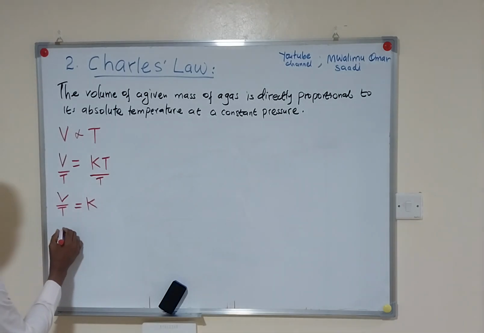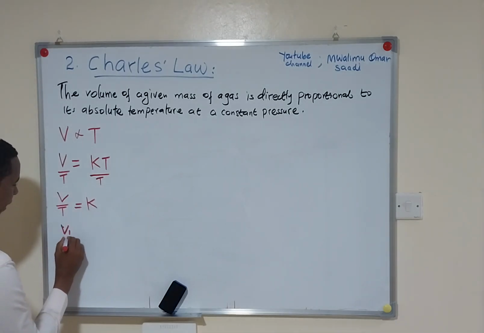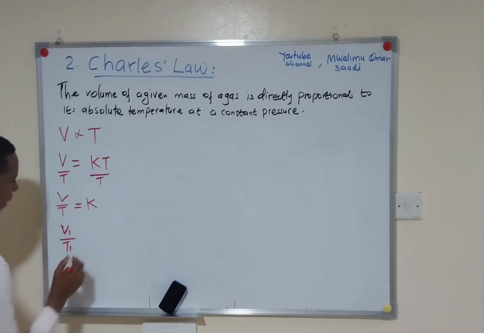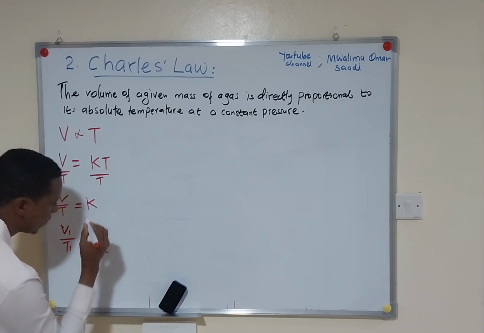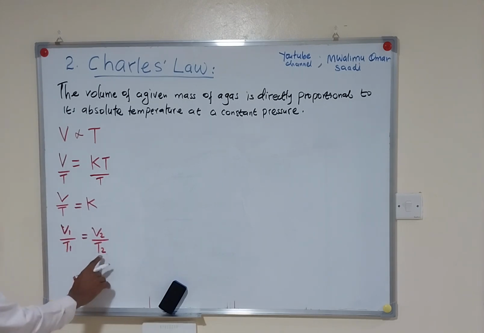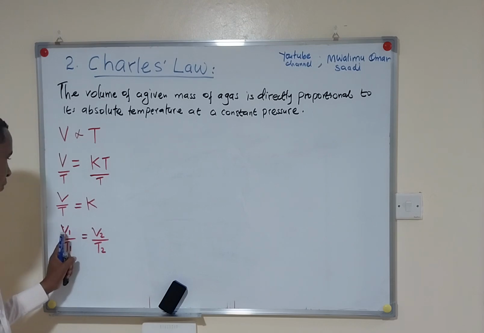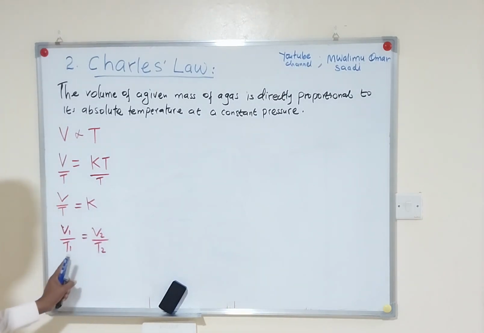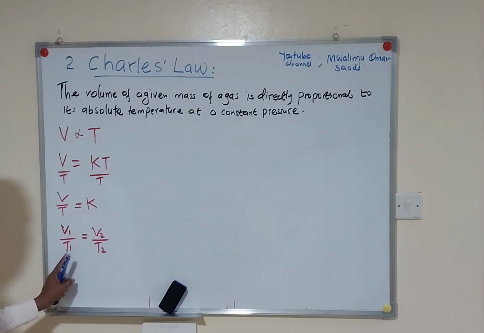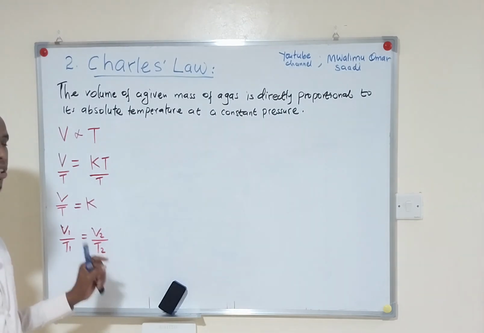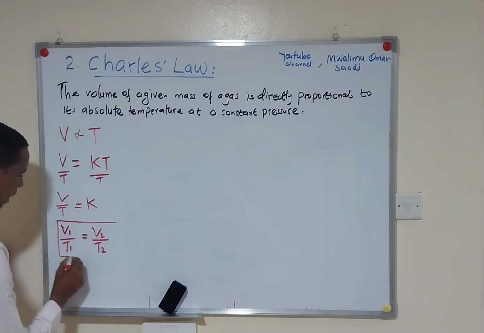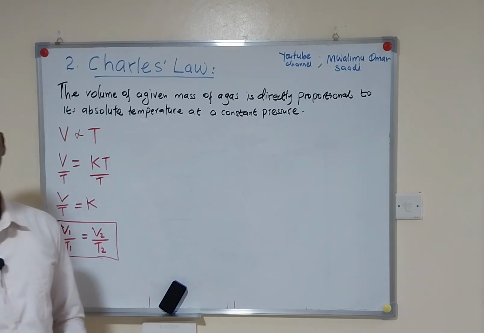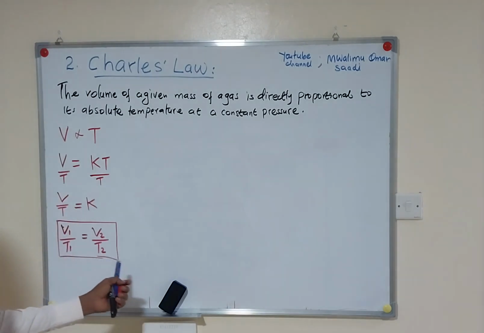So this implies that V1 over T1 is equal to V2 over T2. And this is the equation that we will use to calculate questions involving Charles' law.